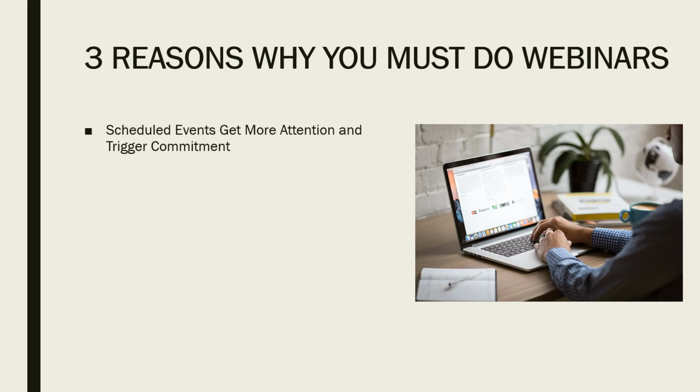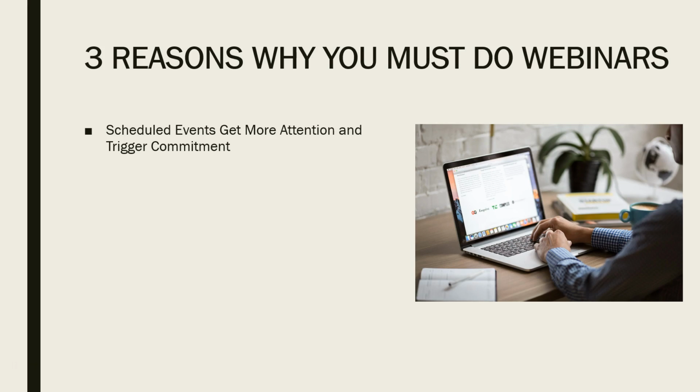When you're looking at a webinar, when people register, they have to put in their information and then they get a confirmation link. So people have to schedule to attend this. And not only that, the webinar scheduling software allows you to set reminders that can go to your phone via text message or to your email calendar software.